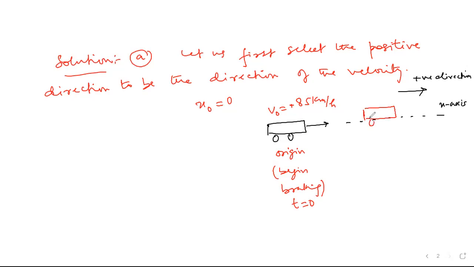Our car reaches a position and velocity v, that becomes our final velocity for this process, which is plus 45 kilometer per hour. Plus means it is still going to the right, but at a lesser speed.